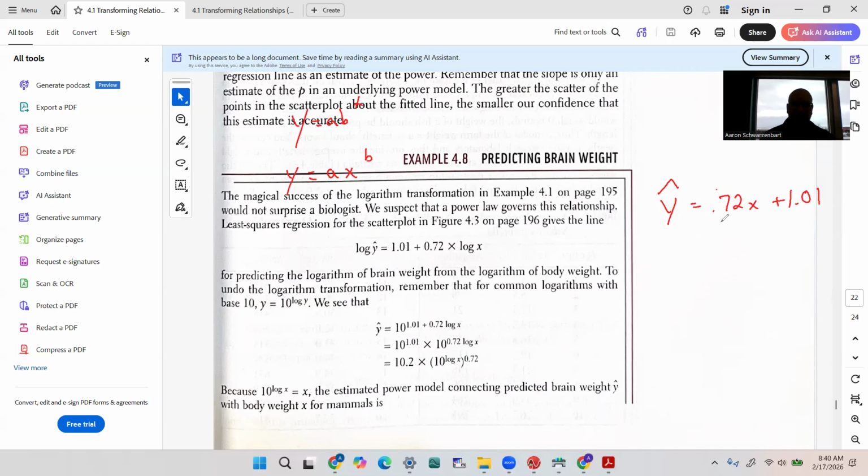And this is essentially my mx plus b. So with exponentials, you log the y-axis. If you see an exponential looking graph, log y. If you think it's a power, log x and log y.